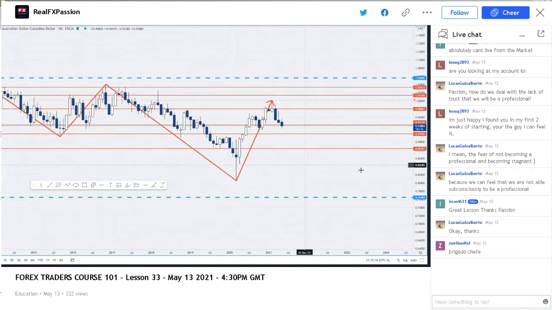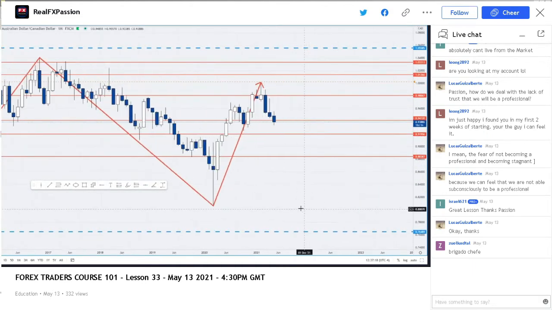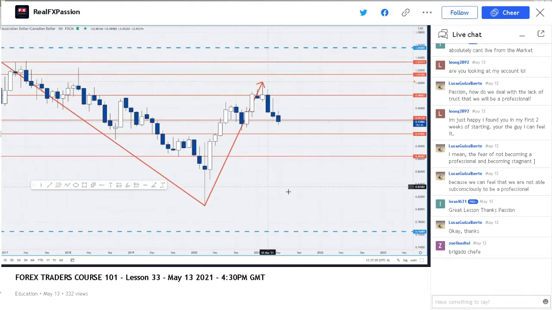Now, what else can we do from the monthly chart, right? And we talked about timing yesterday, everybody. We talked about when is the right time to enter the market. We had a class yesterday.